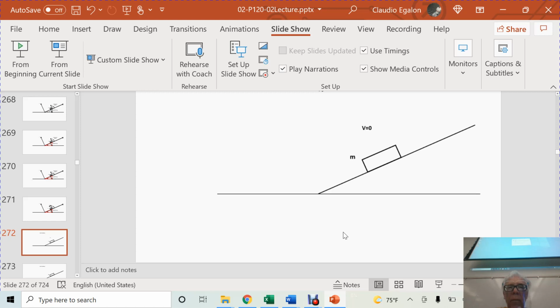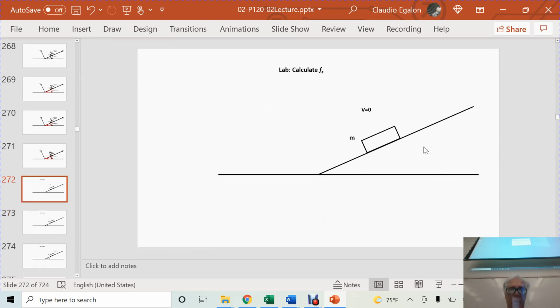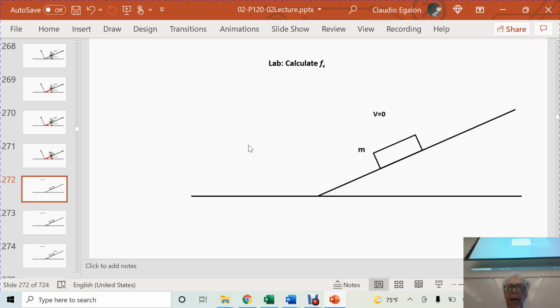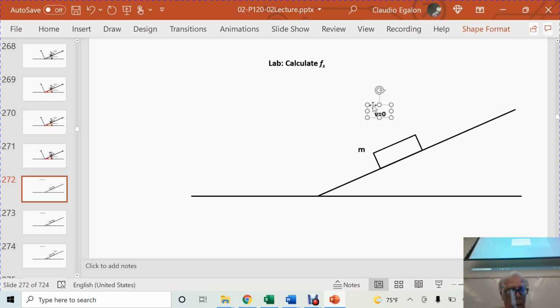Is there any way to shrink this panel? There must be a way. Here you go. Now let's zoom in. Okay, v should be lowercase v. Calculate the force of static friction in this case.